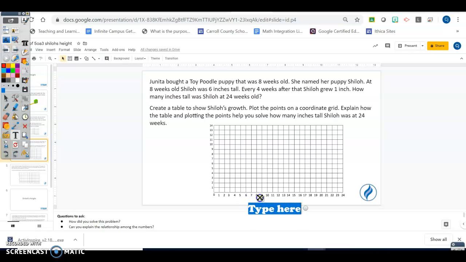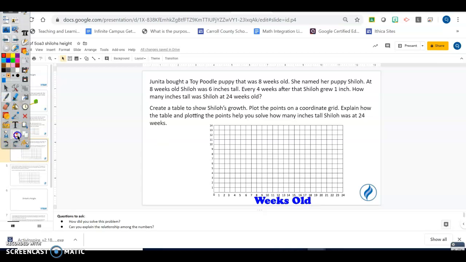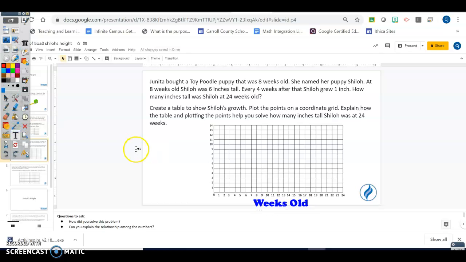So at the very bottom, we're going to put weeks old. And then if my x-axis is my weeks, then my y-axis is going to be how many inches tall Shiloh is. So I'm going to make the other side be how many inches tall.